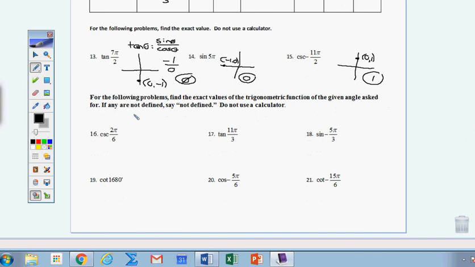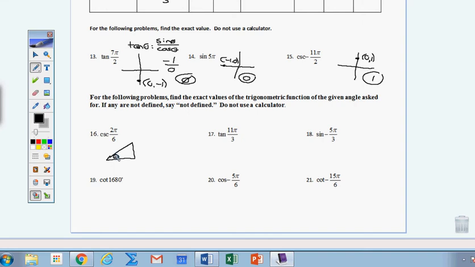So now it says find the exact values and sketch where they lie. Alright, so 2 pi over 6 is going to be a triangle like this.